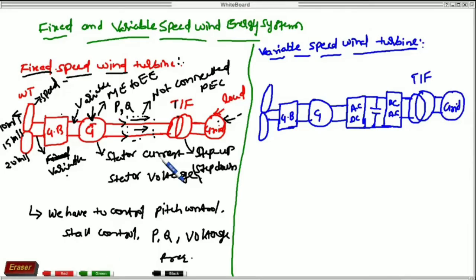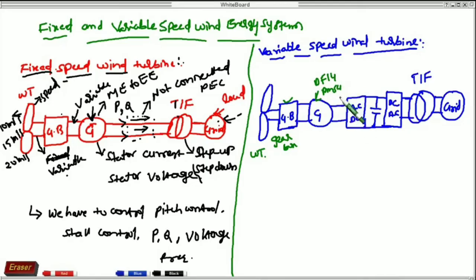Right? This is the variable speed wind turbine. This is the wind turbine and this is the gearbox, and this is the generator. Here we use DFIG, PMSG, whatever generator we have to use.